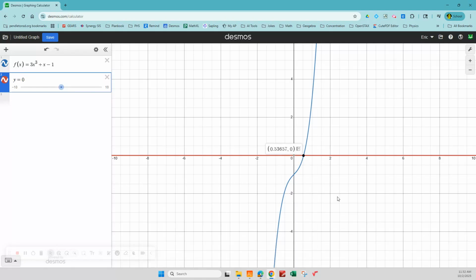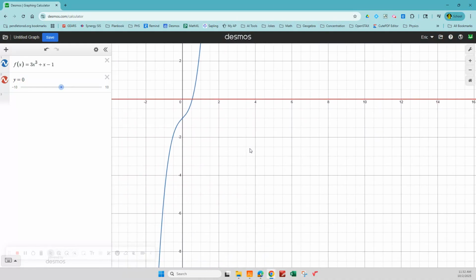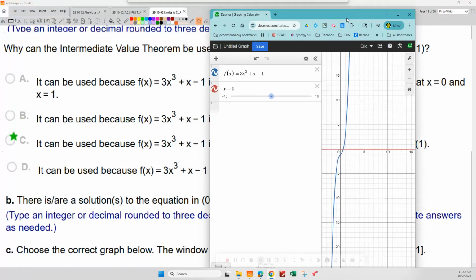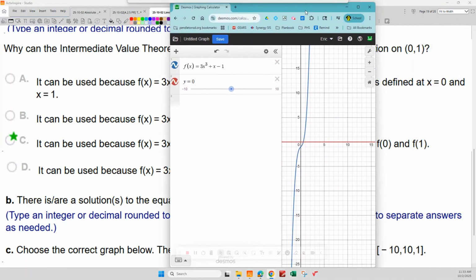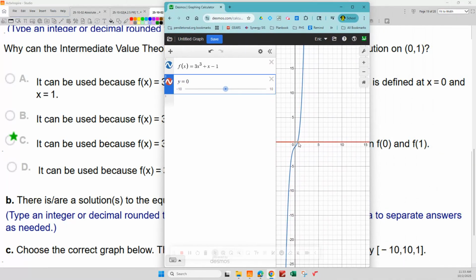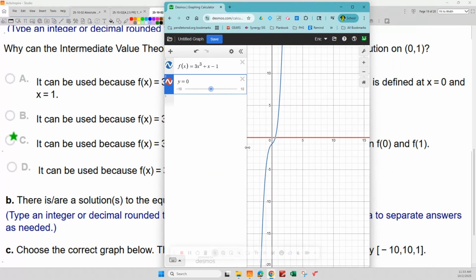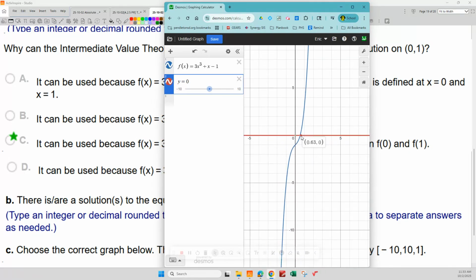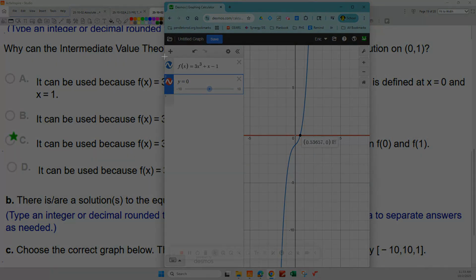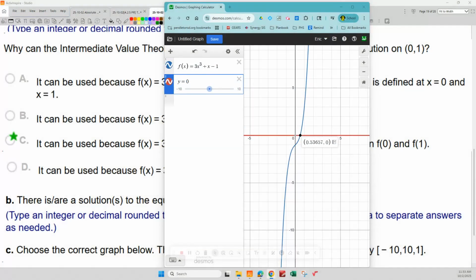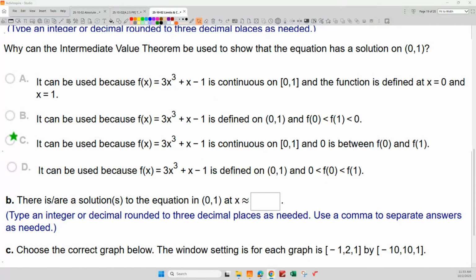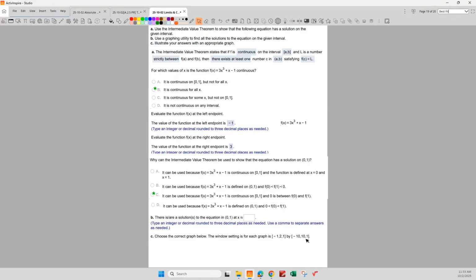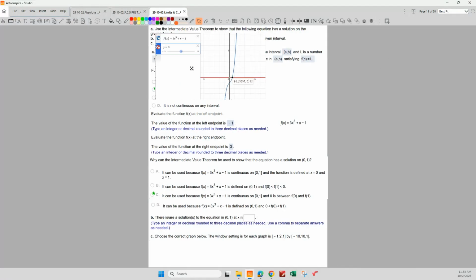That's our answer. And they wanted it to how many places? I can't remember. 3 decimal places, right. So then there it is. So to 3 decimal places. There it is.